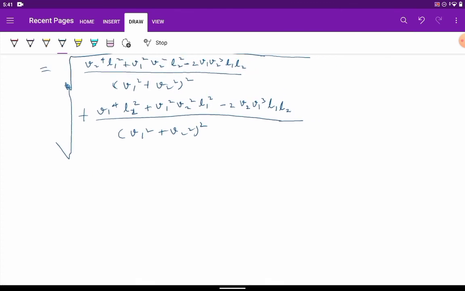Okay, now we can take out V1 square plus V2 square.